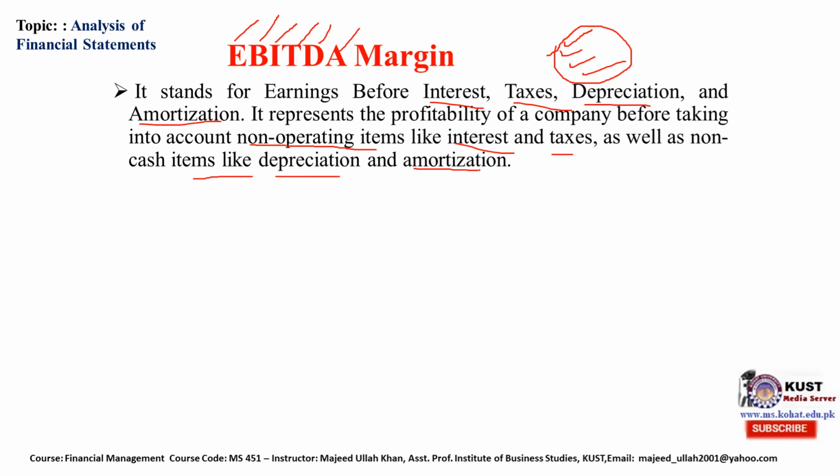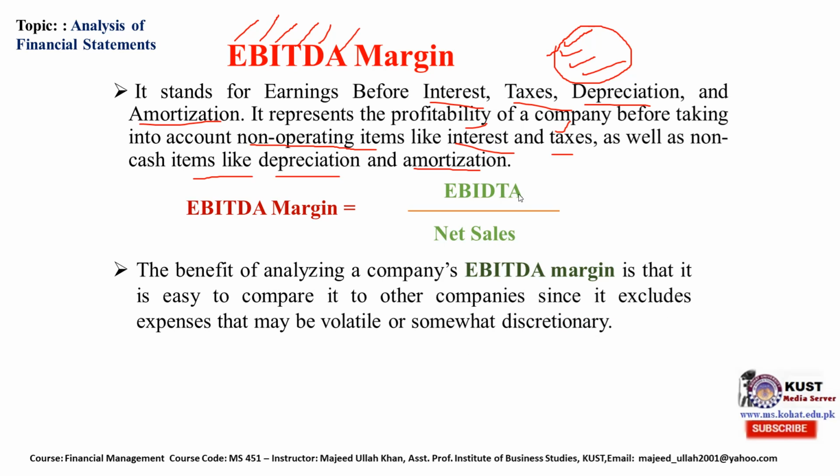These are costs already incurred, non-cash items, and interest and taxes do not come in operations. So EBITDA margin is earnings before interest, depreciation, taxes and amortization divided by net sales.